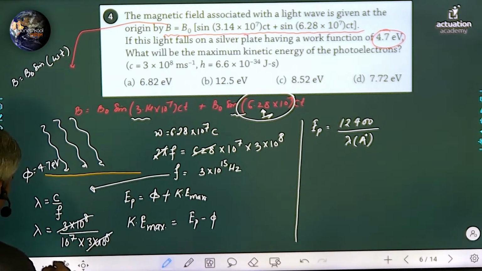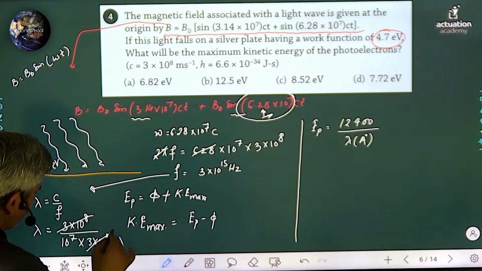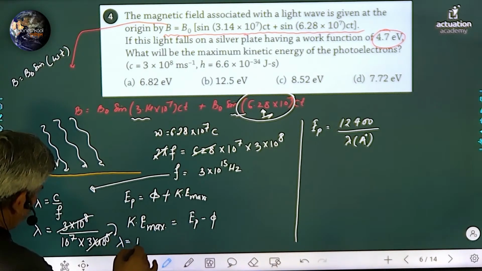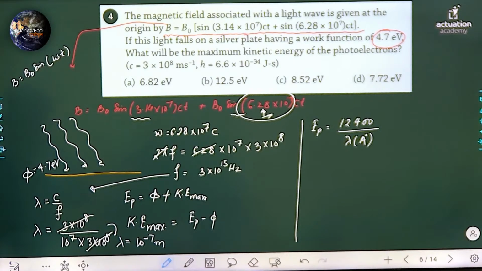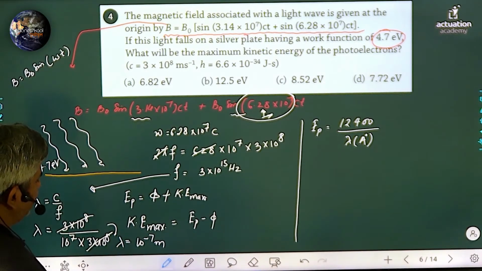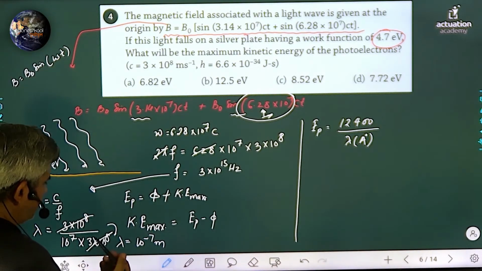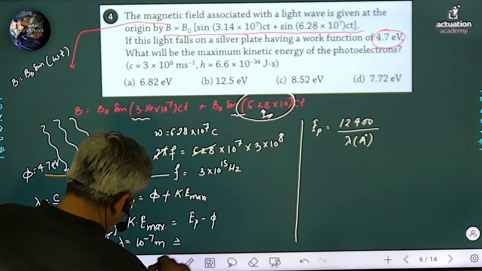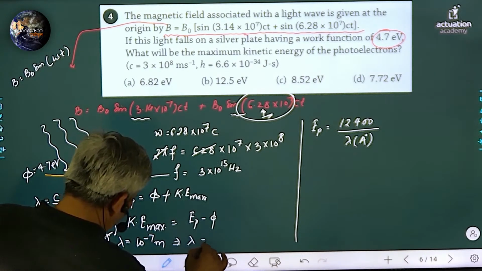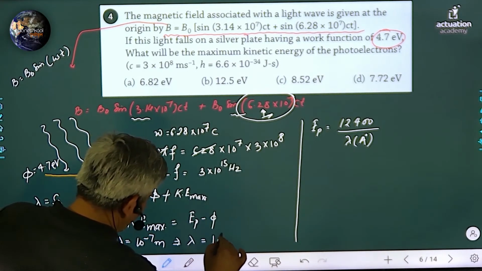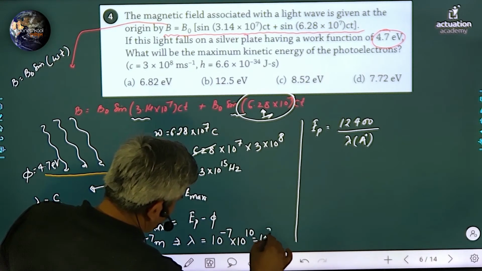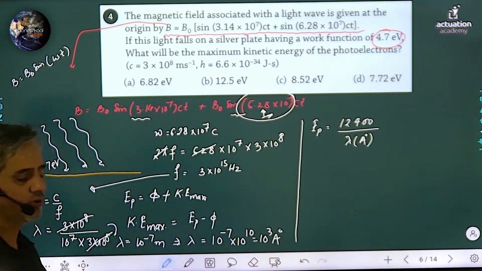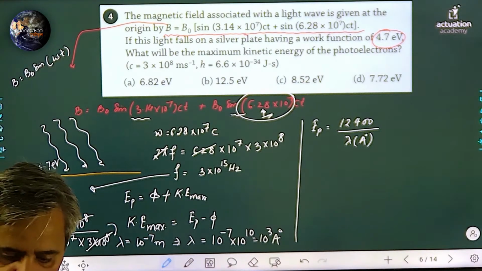That will cancel out. So this lambda is in 10 raised to power minus 7 meter. We know in 1 meter there are 10 raised to power 10 angstrom, so lambda is 10 raised to power minus 7 into 10 raised to power 10, which is 10 raised to power 3 angstrom.